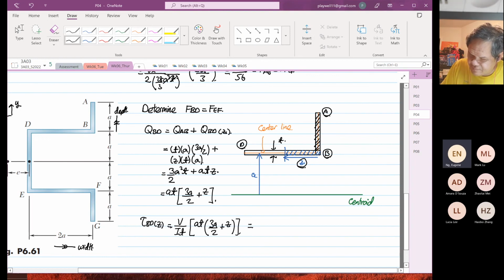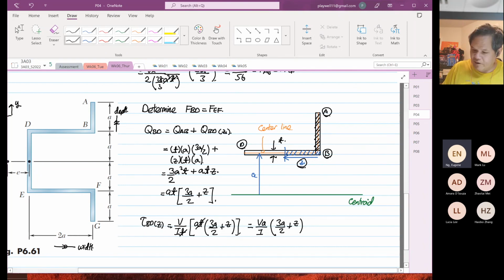We can cancel the T's, so it's VA over I times (3A/2 plus Z).